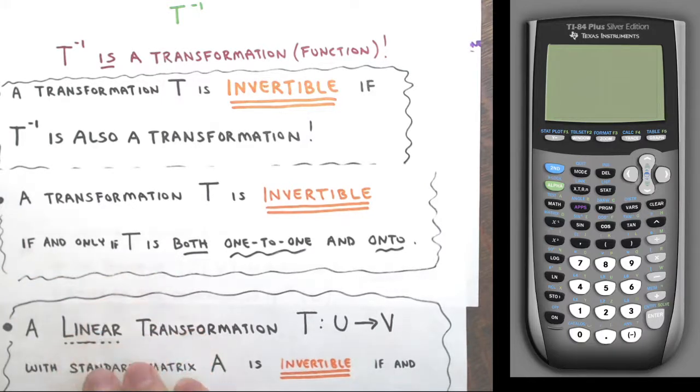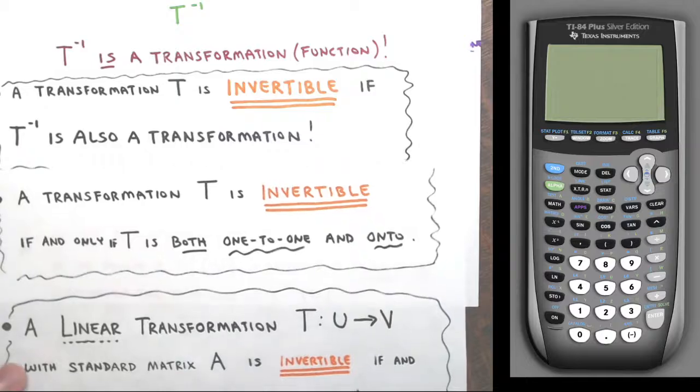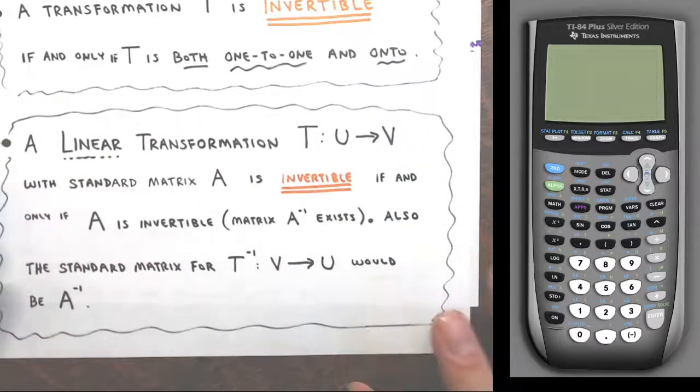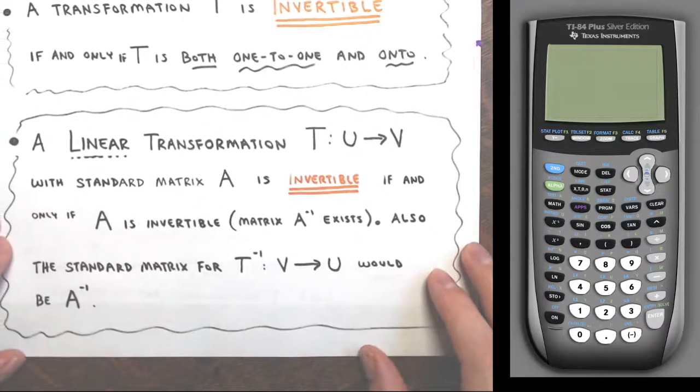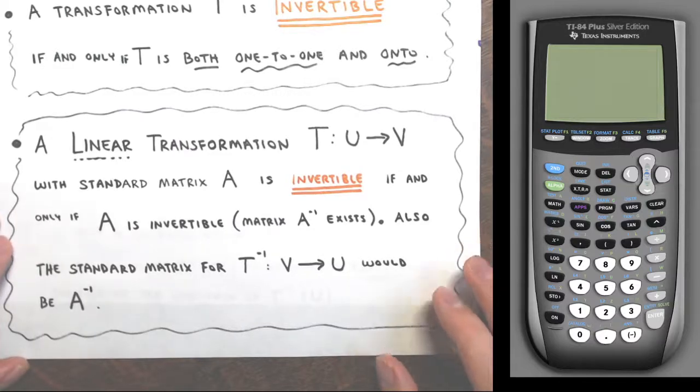But now I want to specifically talk about linear transformations, very special transformations that satisfy the additivity and homogeneity properties. I know it's a lot of reading, sorry. We'll get to examples soon enough.